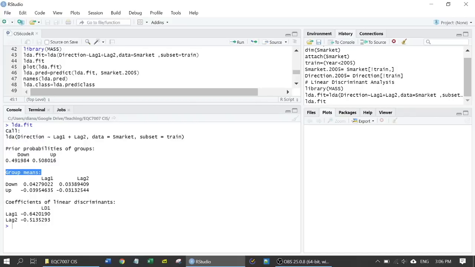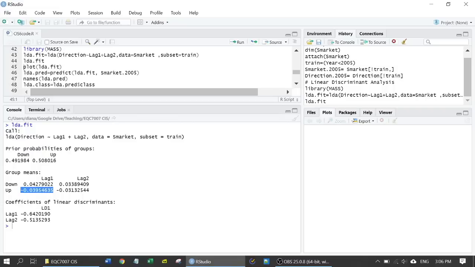Okay, for the group means, we look at one column first. For the first column, which is leg 1, the average of leg 1 belonging to the down group is 0.0042. So this is the average percentage return for leg 1 that belongs to the group down.